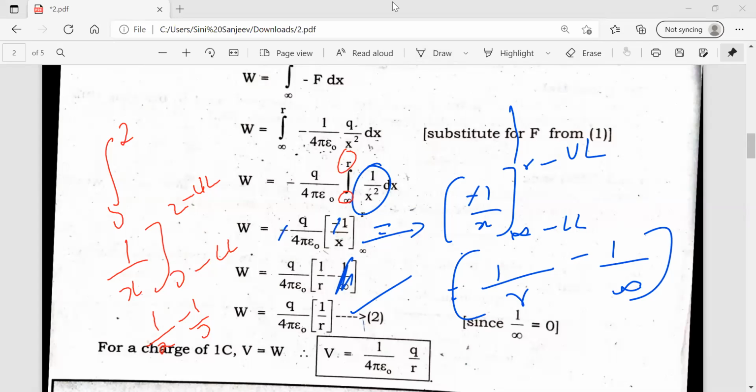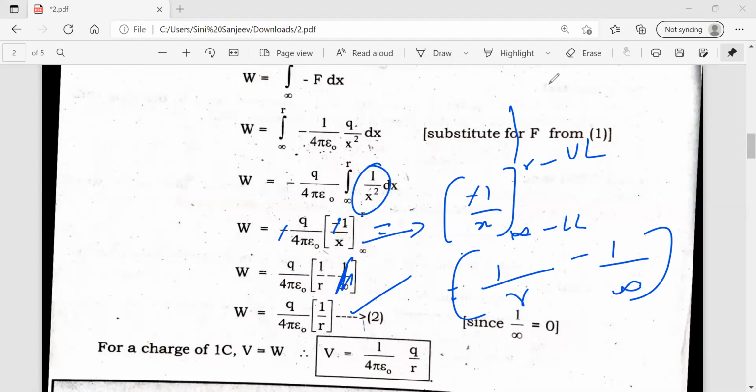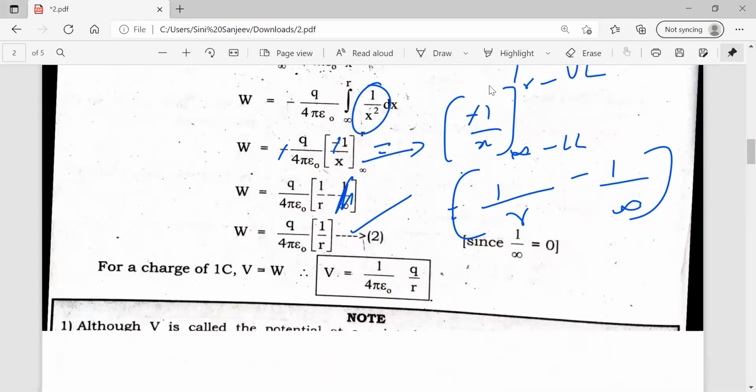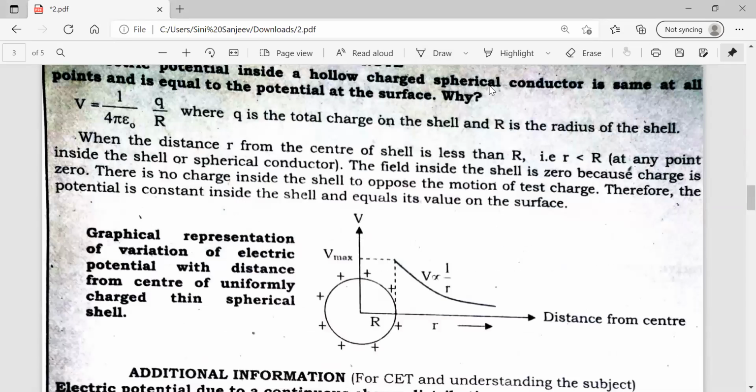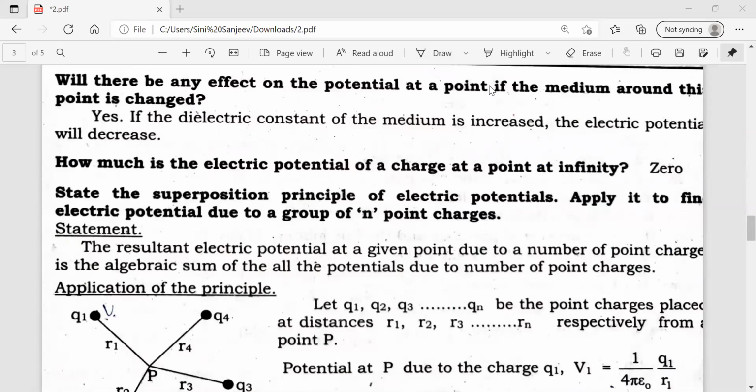So I'm just erasing everything, whatever is in the red part. Any doubt? Let me see. Doubt in anyone? Done. Okay, perfect.